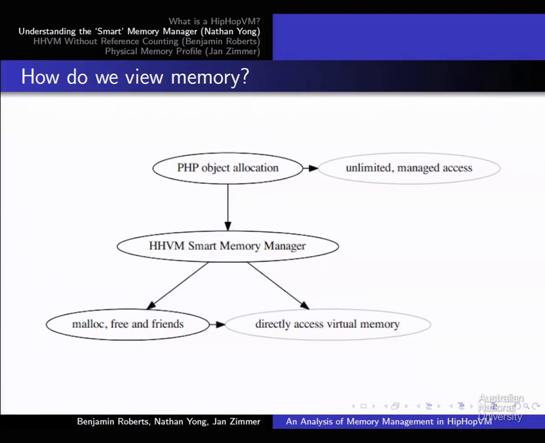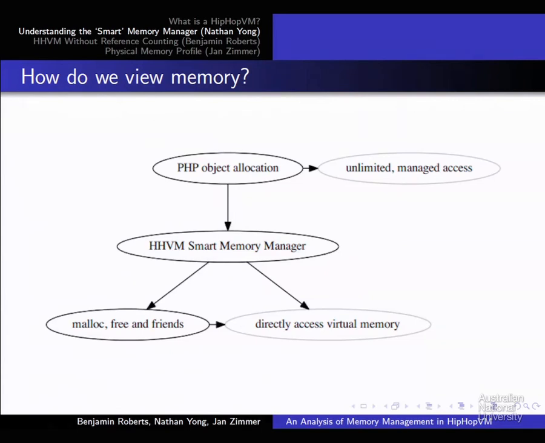And in addition to this, sometimes the boundaries between the two are mixed up. So HipHop might create an array which will then be passed to the PHP side. Sometimes they live in the malloc-free world, sometimes they live in the smart managed world, so it was a bit unusual to understand.